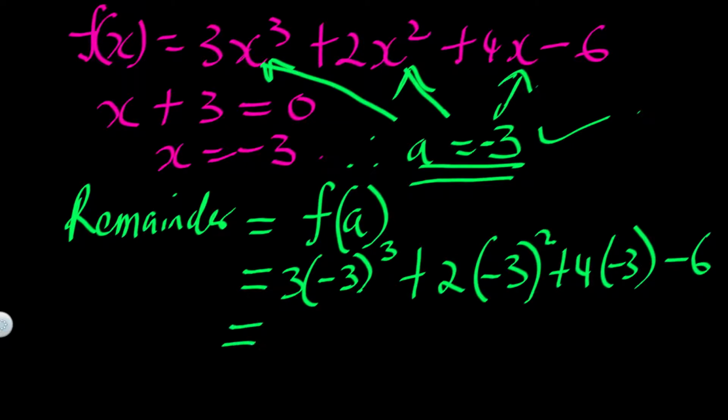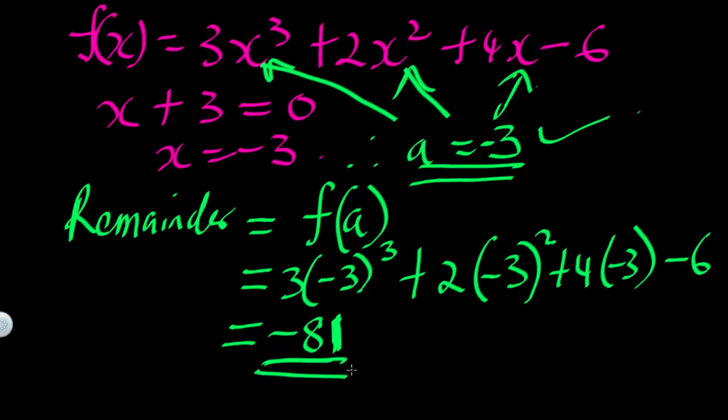All we do from now is just punch in our calculator what we have, and we get our remainder. So this is minus 3 to the power 3, plus 2 times minus 3 squared, plus 4 times minus 3, minus 6. We get our remainder, which is minus 81.